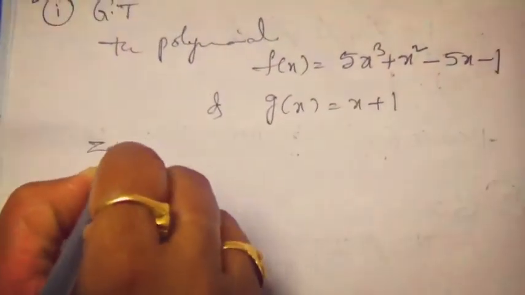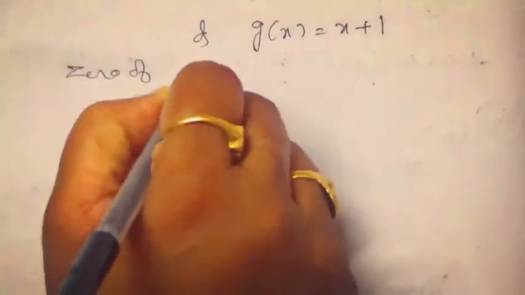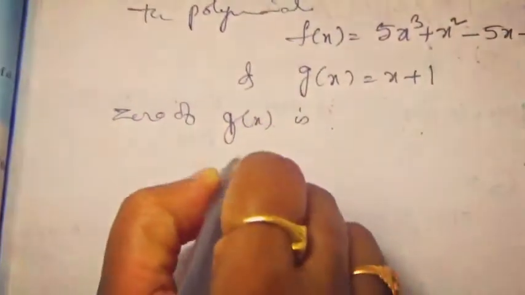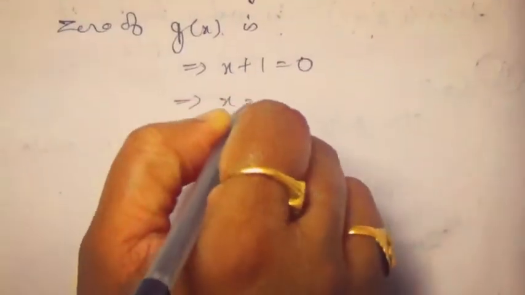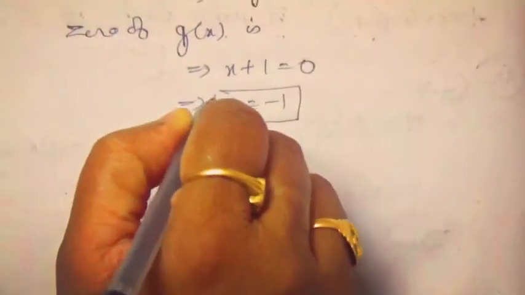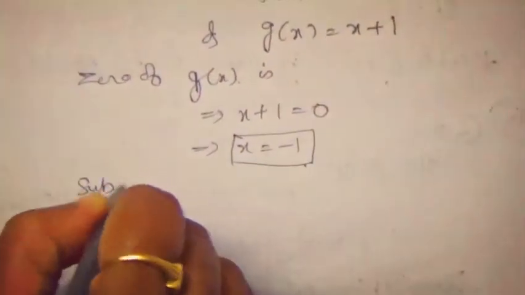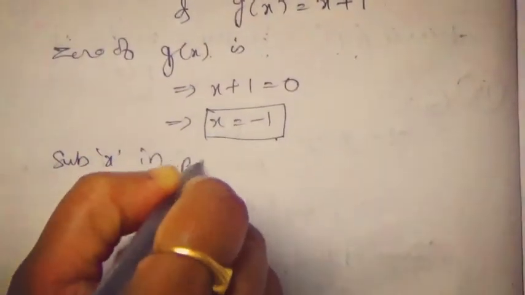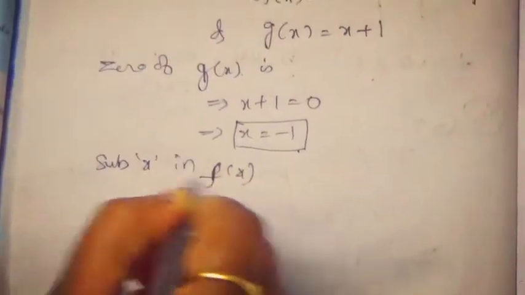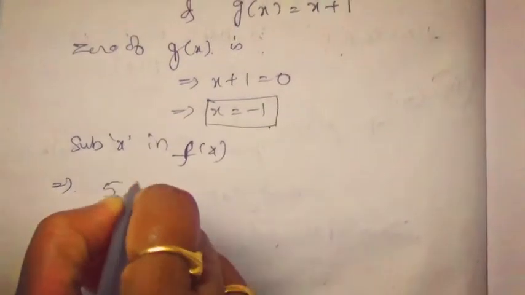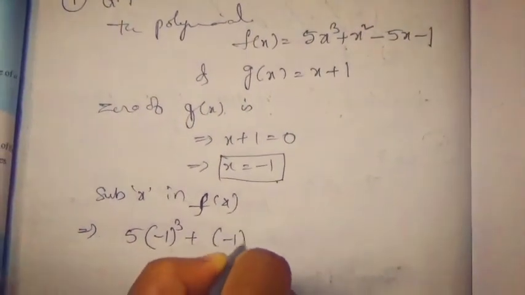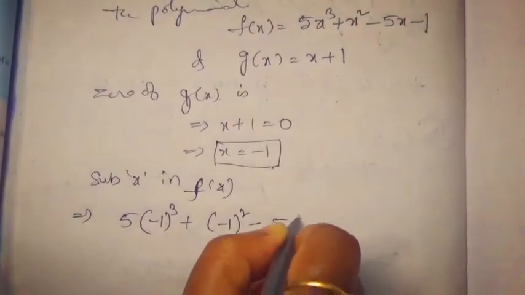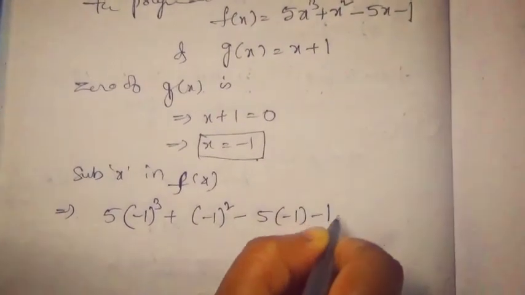So the zero of g of x is, that implies x plus 1 is equal to 0, that implies x is equal to minus 1. Substitute this x in f of x, that implies 5 of minus 1 whole cube plus minus 1 whole square minus 5 of minus 1 minus 1.